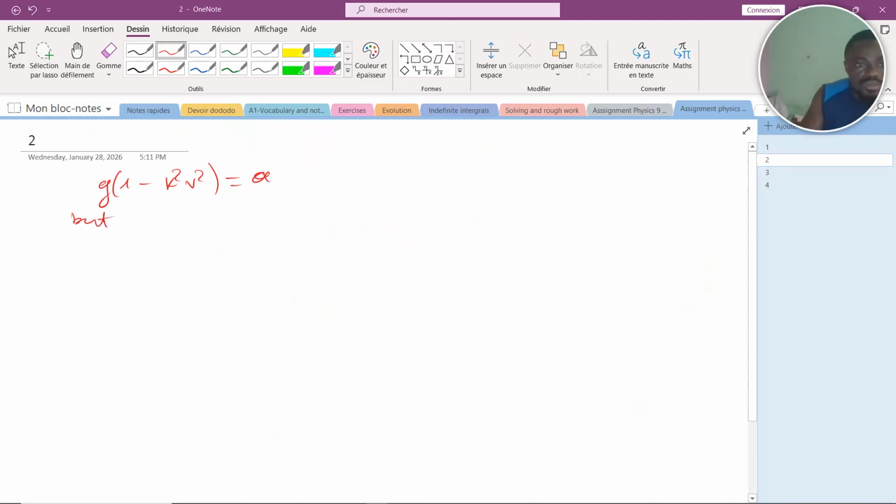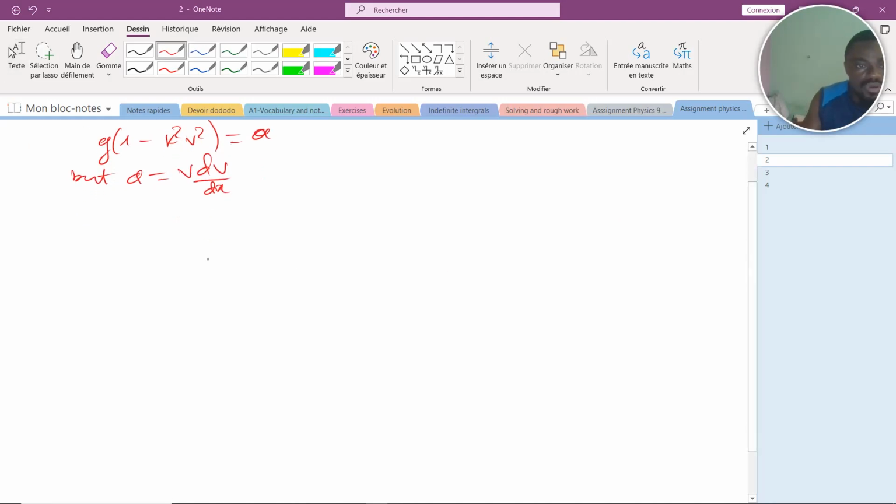But we know that acceleration is equal to v dv/dx. Is that okay? So from there, we have g(1 − k²v²) equals v dv/dx.